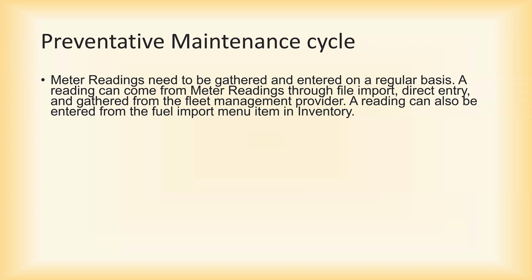But again, meter readings is only 2 of the 4 what I call engines that can drive when we're going to bring in a piece of equipment for preventive maintenance. So basically the 4 engines that we have is we have dates. Obviously, that's going to keep going on and on because the sun comes up tomorrow every day. So dates will always be progressively going on.